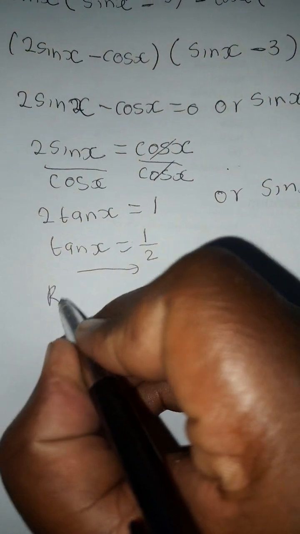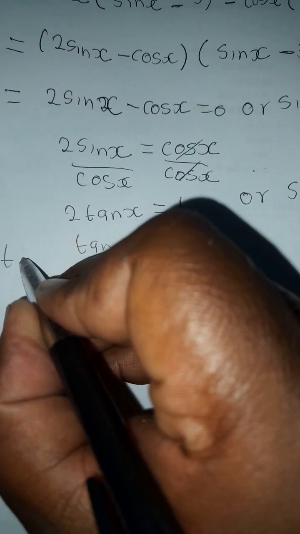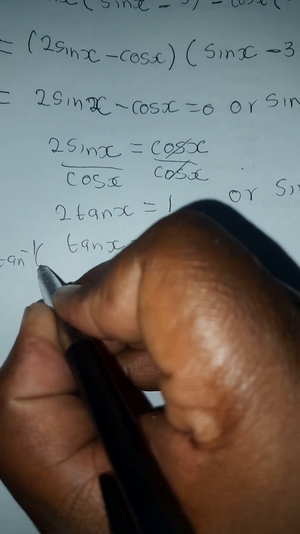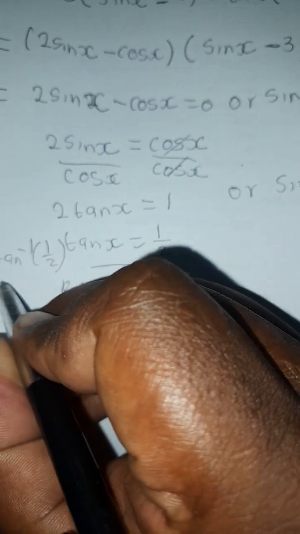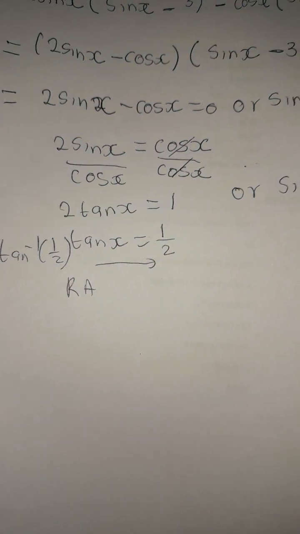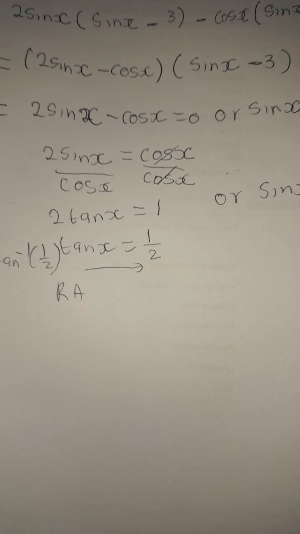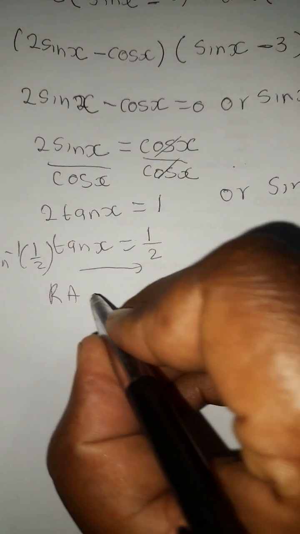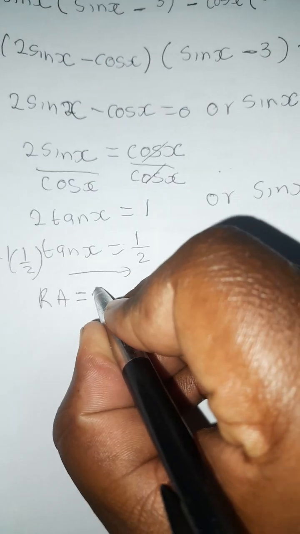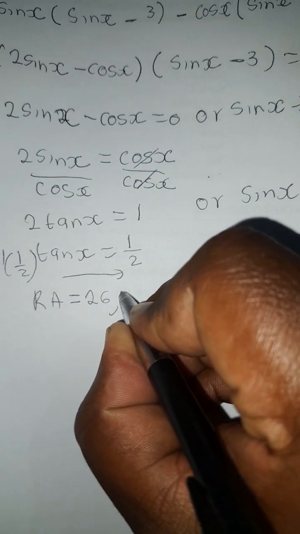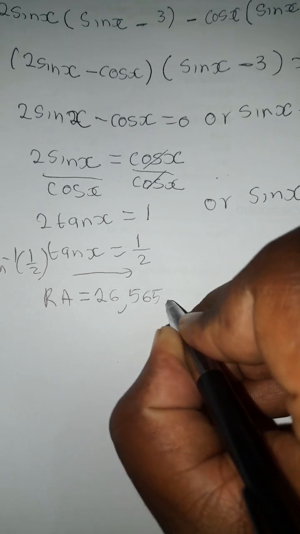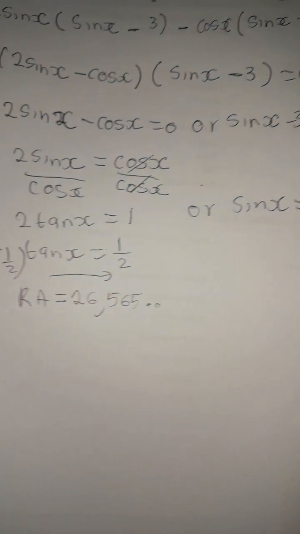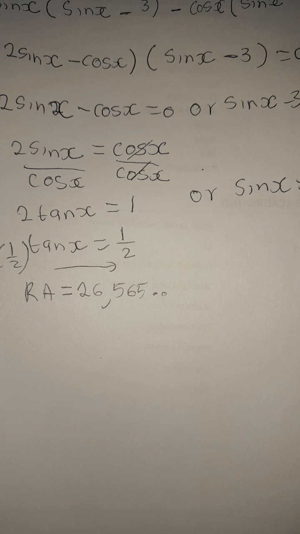From here, we need to find the reference angle. I told you to find the reference angle, you're going to say tan inverse of a half and punch that in your calculator. That will give us 26.565 and so on. You only round off at the end.